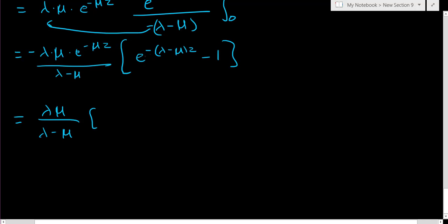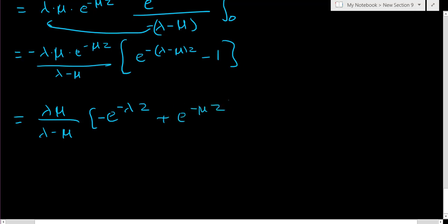So here we have e to the power of plus mu z, and outside e to the power of minus mu z. They multiply and cancel out, and this becomes e to the power of minus lambda z because mu is gone. This is obviously negative because I'm multiplying the minus sign inside, and if I multiply this part with this one, this becomes a plus e to the power of minus mu z.